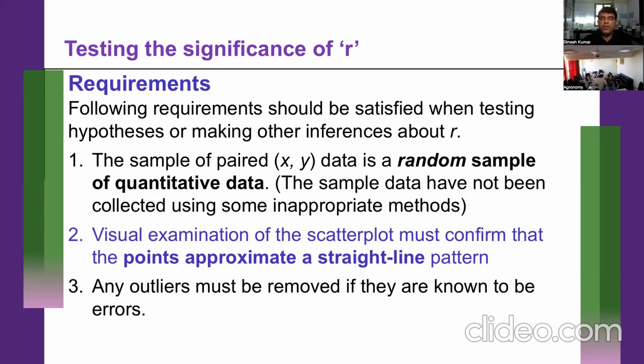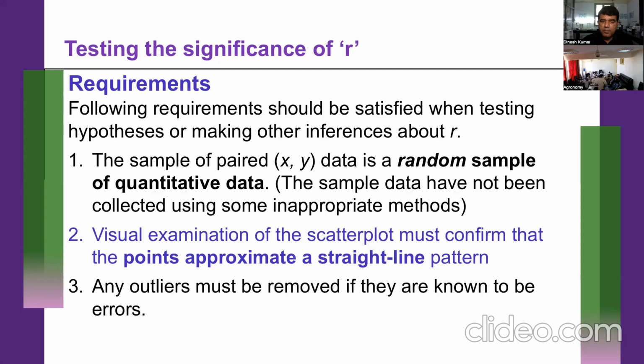So first of all, we should go for a scatter plot and see that the data is showing some linear trend. Then we can go for fitting the data. If the visual observation is showing some other kind of relationship, then we should not go for calculation of the correlation coefficient.